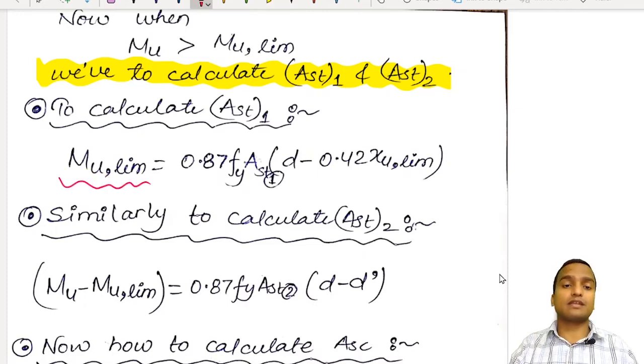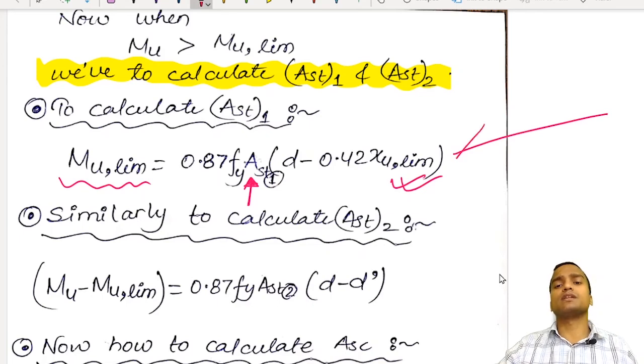And then we just have to equate the value of Mu limiting with 0.87 fy Ast1 multiplied by d minus 0.42 xu limiting, because this is a balanced section, and here we have used just Ast1 only because this is about figure 1. So in this equation only Ast1 is unknown and we can calculate it very easily.